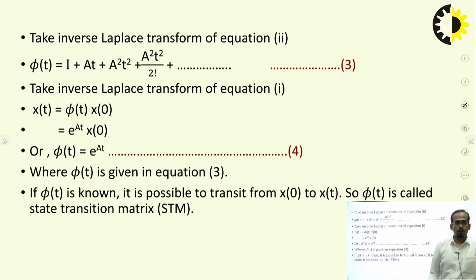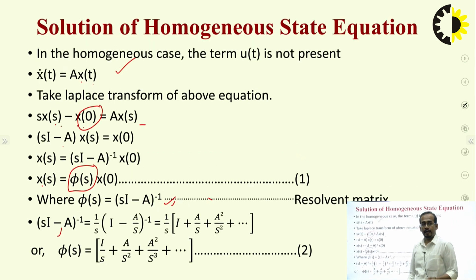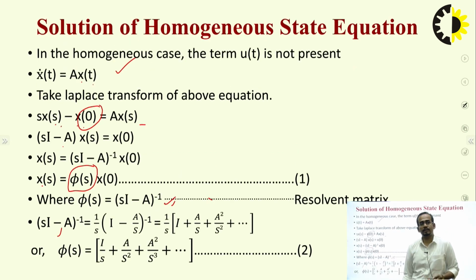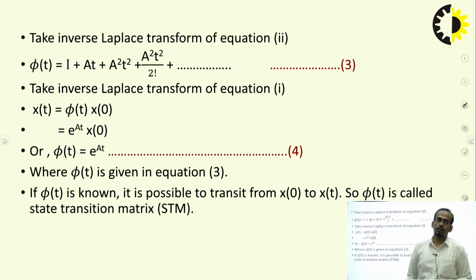Now, what will be the value of x(t)? I have taken here X(s) is equal to phi(s) into x(0). If I want the solution of any differential equation, x dot t is equal to Ax(t), it means I want the value of that variable.